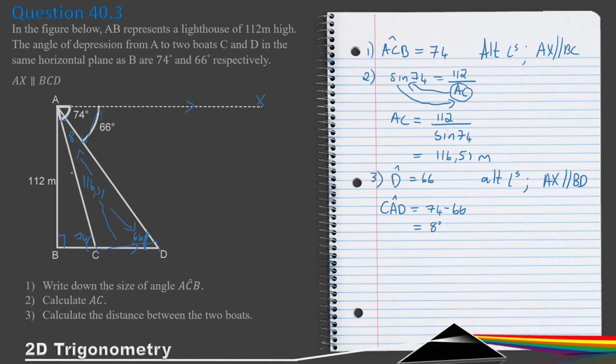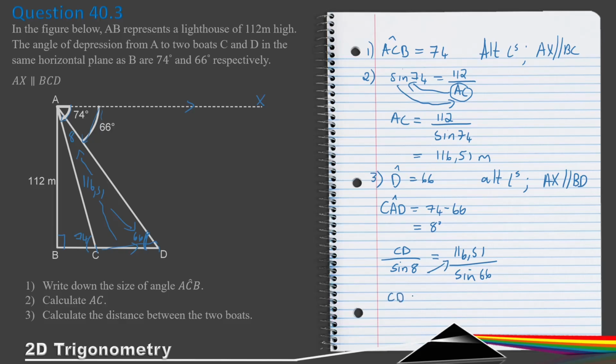Now we can apply the sine rule. We want CD, so CD over sine of 8 is equal to 116,51 over sine of 66. Then I can just use cross multiplication.